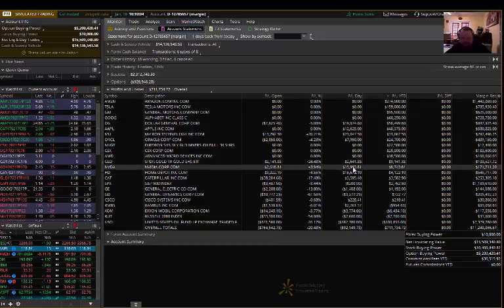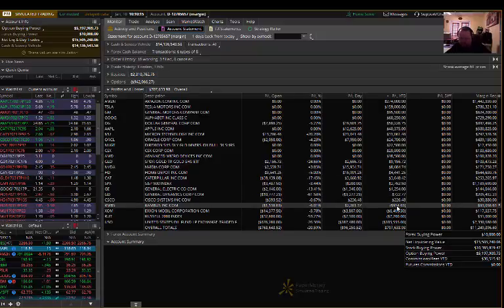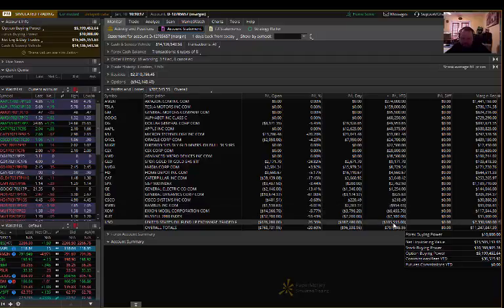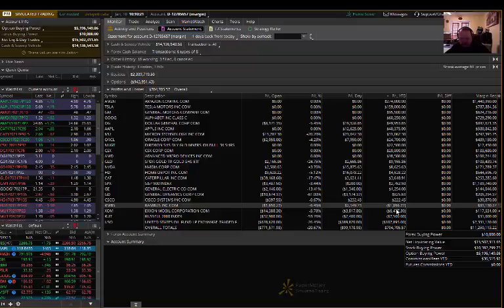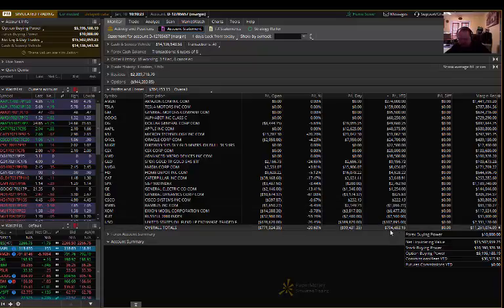Like this one right here is up 16,000 for today, so we were 8,000 in the hole yesterday or a couple of days ago. That's just how that goes. But as long as you keep adjusting these, overall, we're up 702,000.